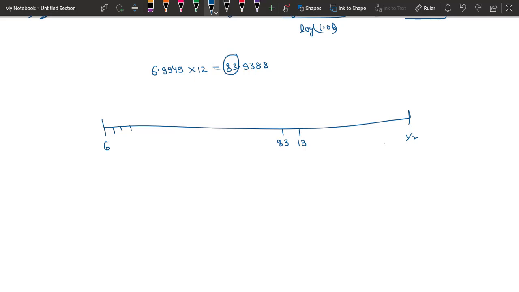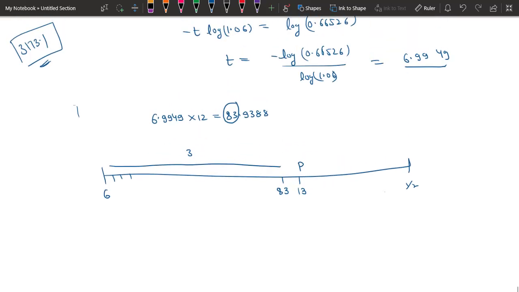But the 84th installment means at the time 7 plus 6, that is, at time 13. So at time 13, the 84th installment will not be equal to 3173, but it will be less than that. So it will be some amount P at time 13, and the amount in these 83 installments will be 3173.1.